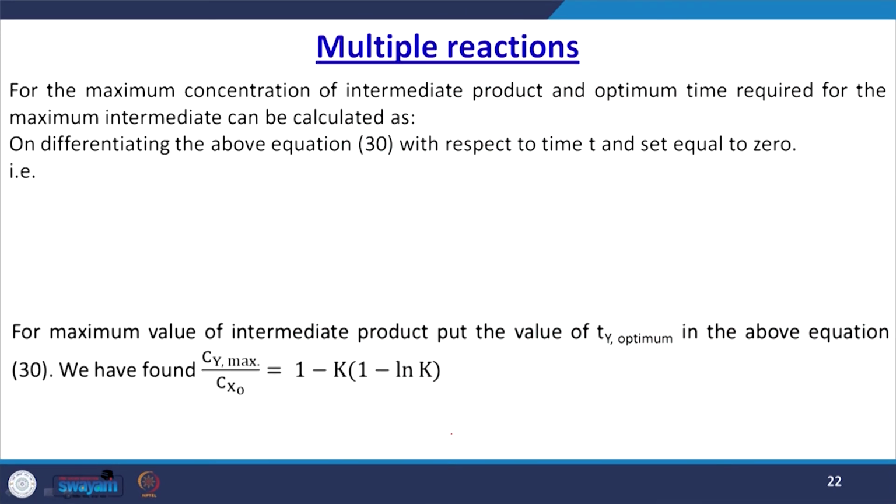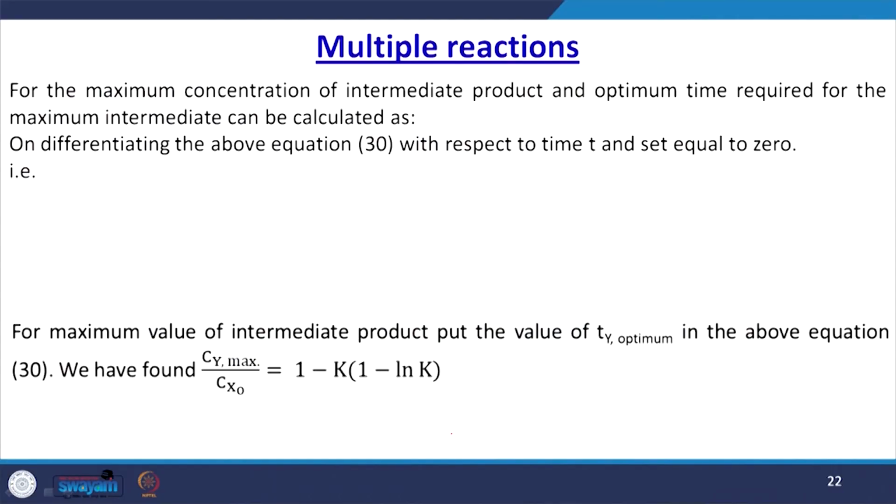So, if we differentiate this equation, for the maximum concentration of the intermediate, because we are always claiming that my intermediate product is my desired product, the optimum time required for the maximum intermediate can be calculated by differentiating this equation, which we discussed previously, with respect to t and setting it equal to 0.